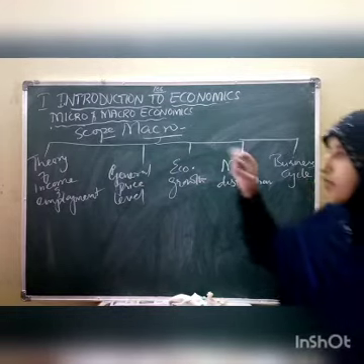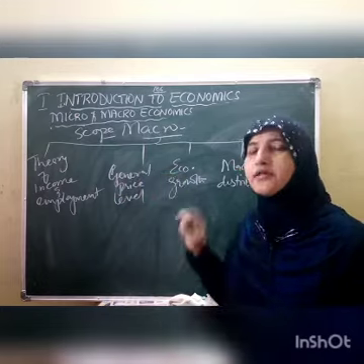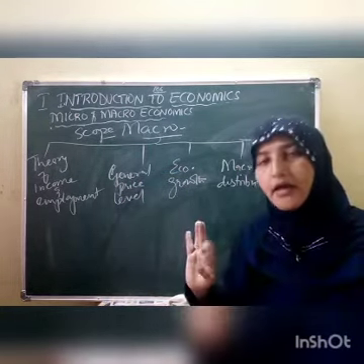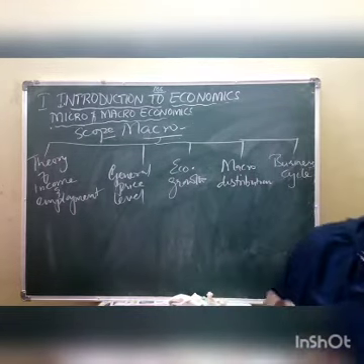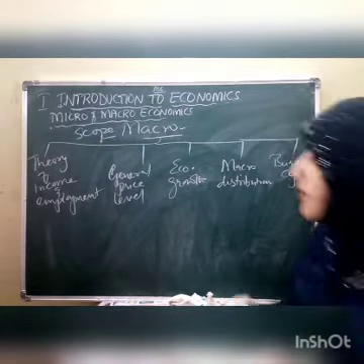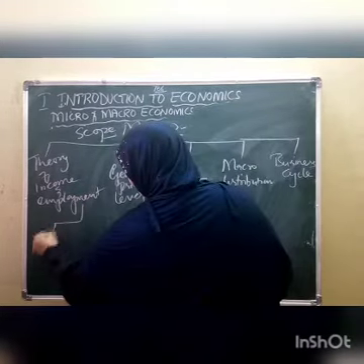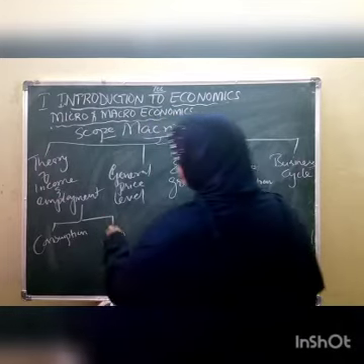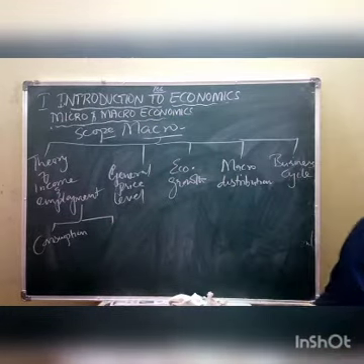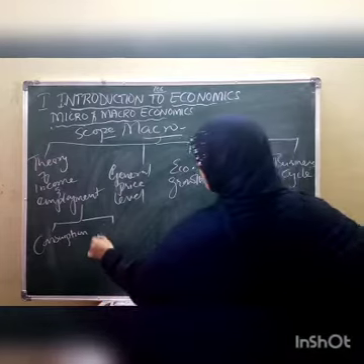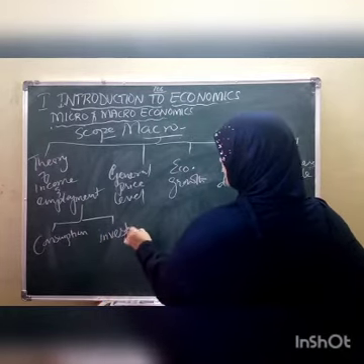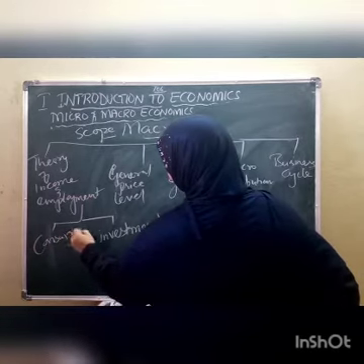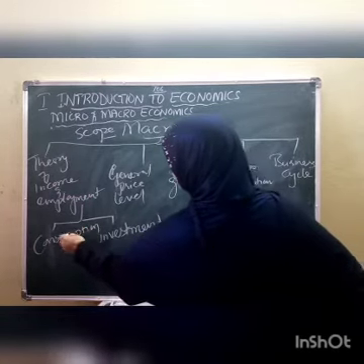The theory of income and employment explains the theory of income and the theory of employment. It is again divided into the theory of consumption and the theory of investment.